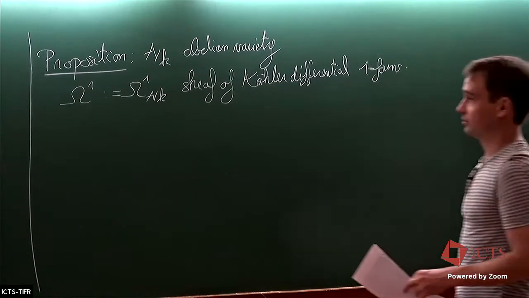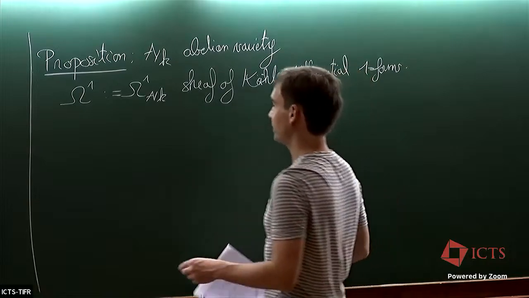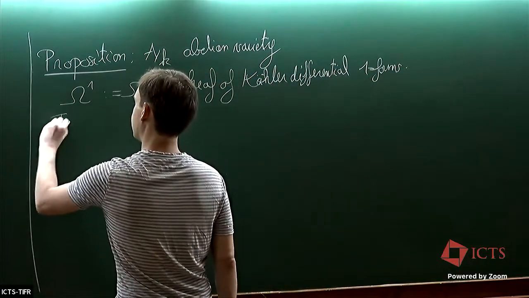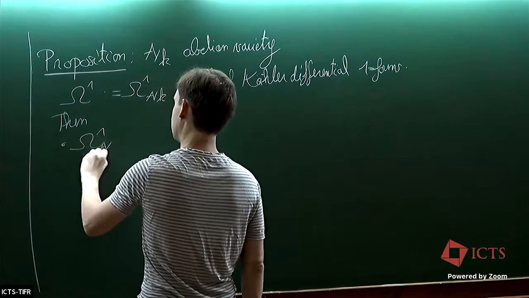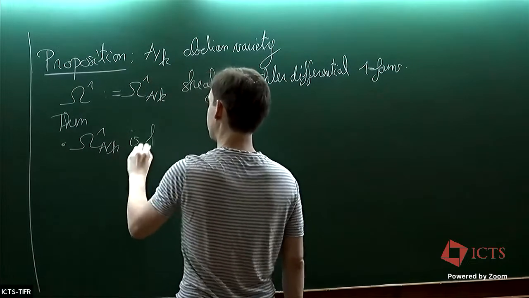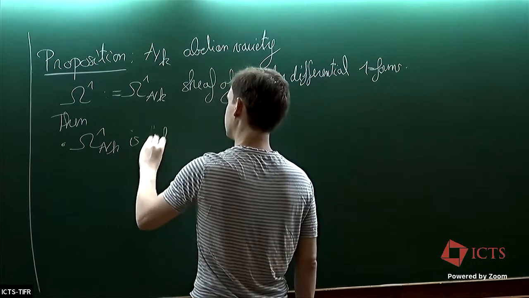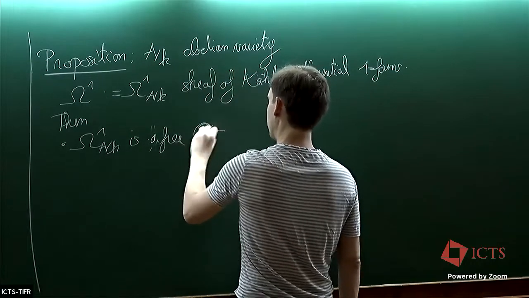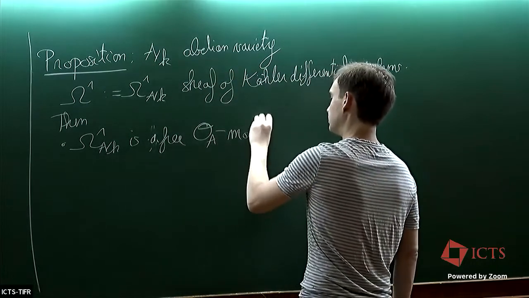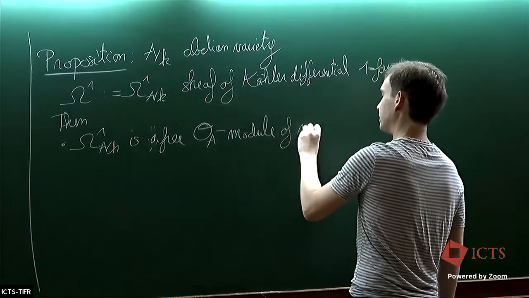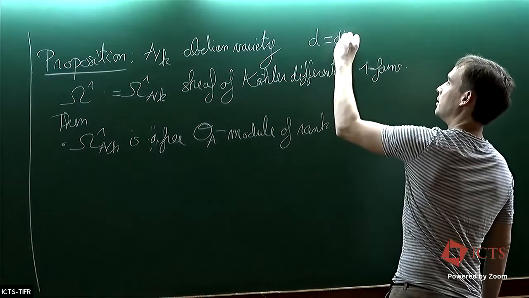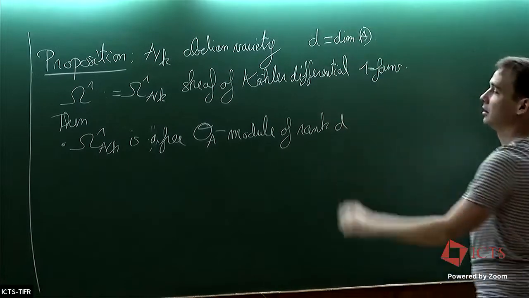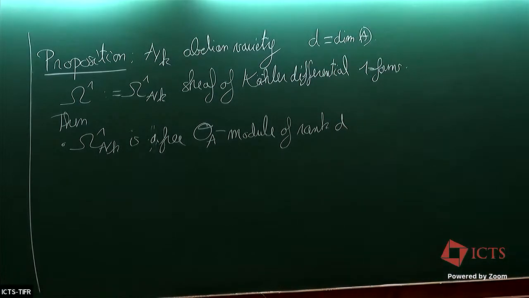And actually, it has a lot of very nice properties. First one is that it's a free O_A module of rank d, again, d the dimension. Okay, so it's actually pretty simple to study.